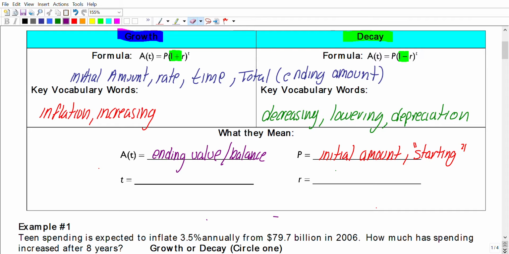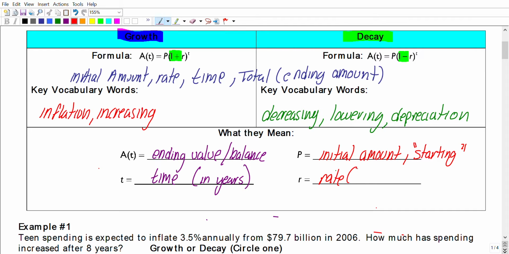The next one you're going to see is t, and I'm sure you guys have already figured out what that one stands for. This one stands for time, usually in years. Not always, but for the most part, at least the way these formulas are used, we usually have time in years. And then finally, R is our rate.